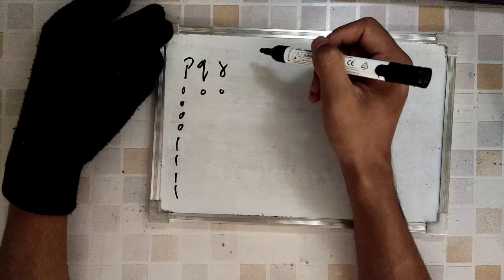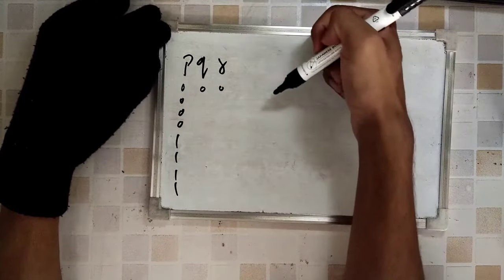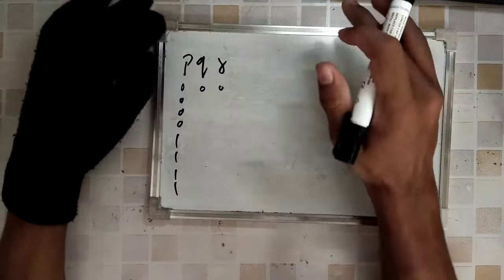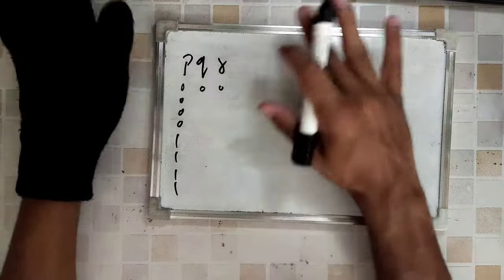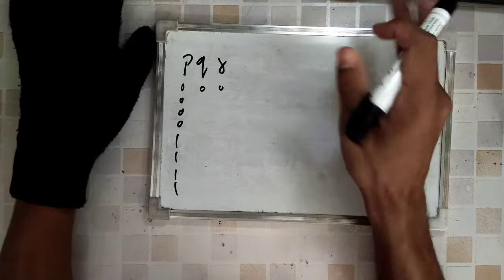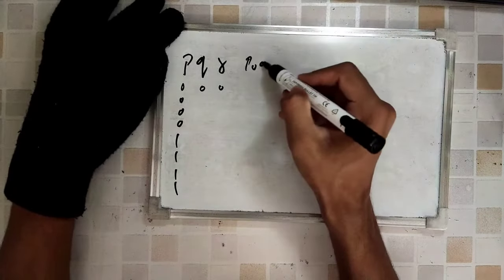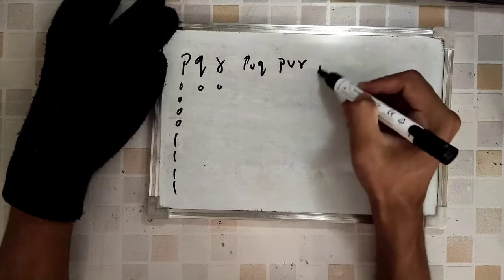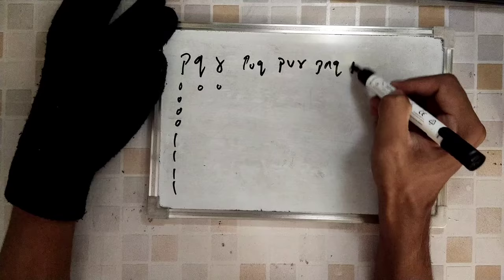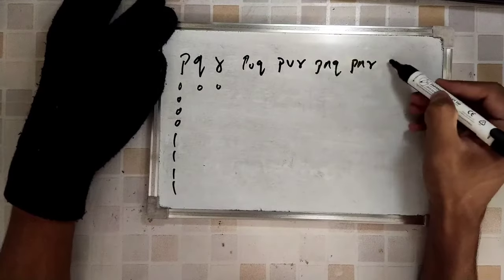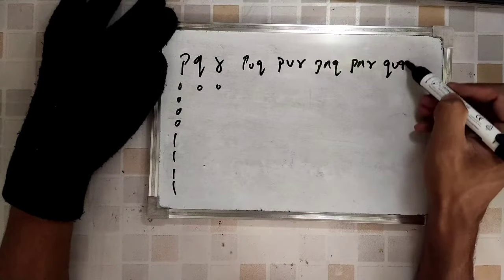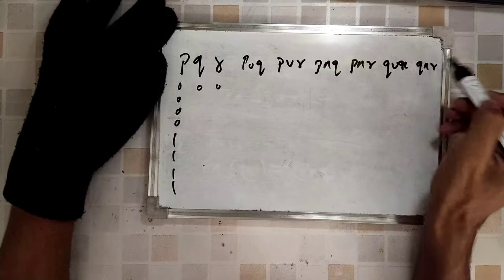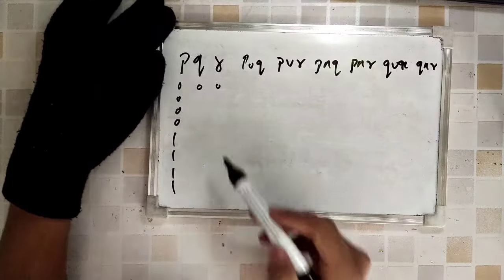You have to first find P or Q, P or R, P and Q, P and R, Q or R, and Q and R, all 6 things you have to find. Just let me write. P or Q was there, P or R was there, P and Q was there, and P and R was there. Then inside the bracket we had Q or R and Q and R. You have to find all these things from these three.